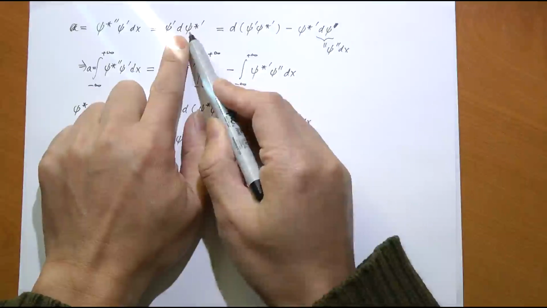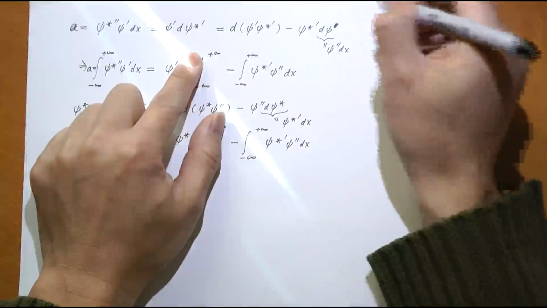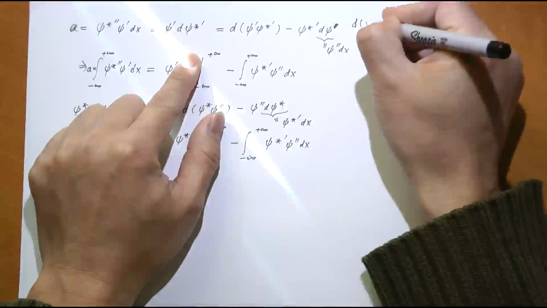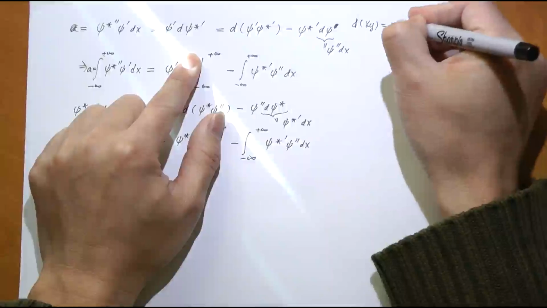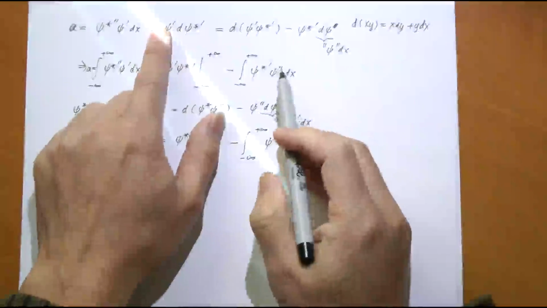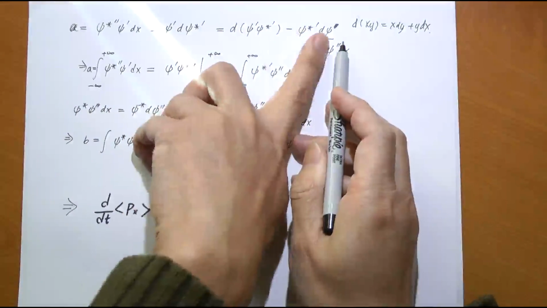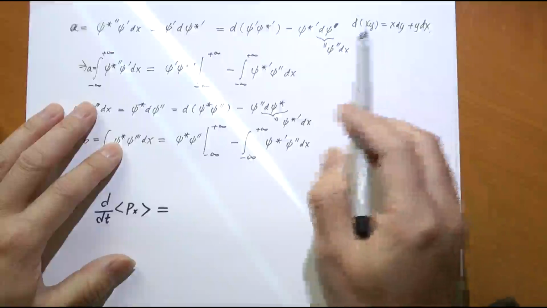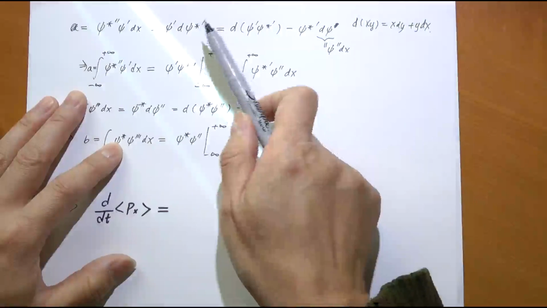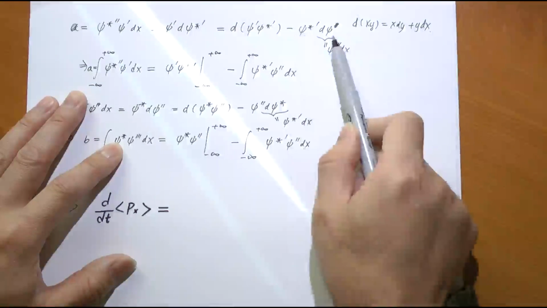Now the next step, going from here to there, I'm using the identity d(xy) equals x dy plus y dx. That's basically what I'm using. Okay, so this is x, this is y. So d of xy minus y dx. Okay, that's that. And so basically what I did was I switched using this. I switched psi star prime and psi prime. Okay, so I get that.